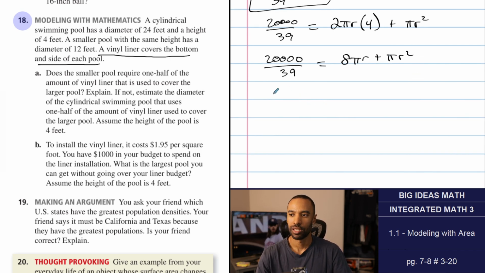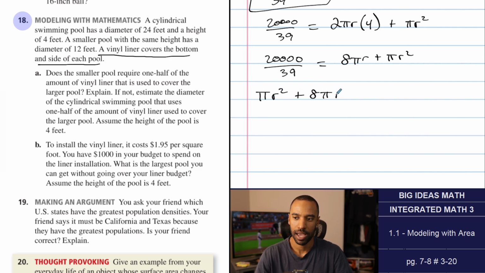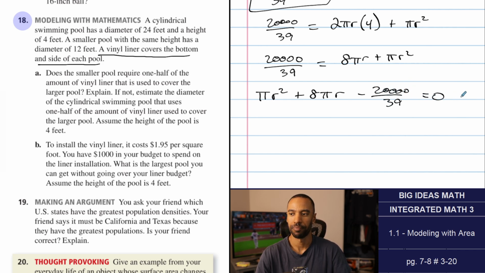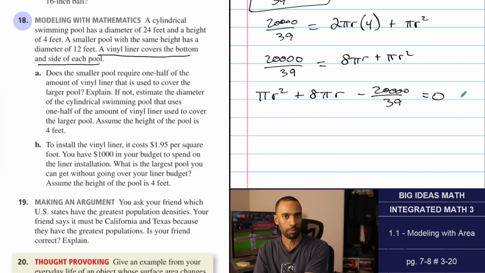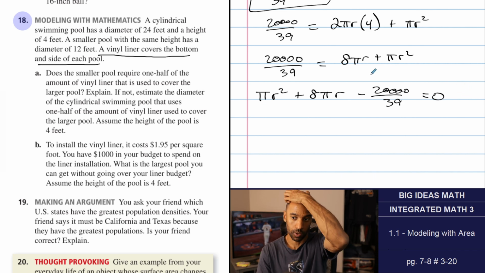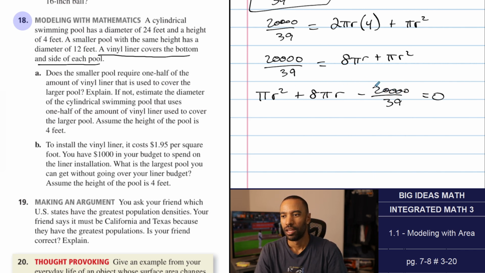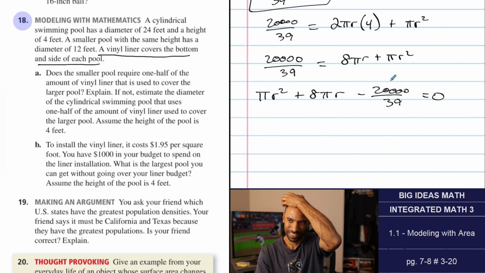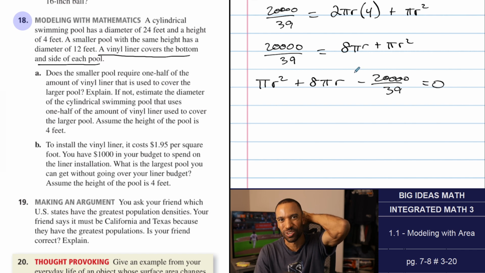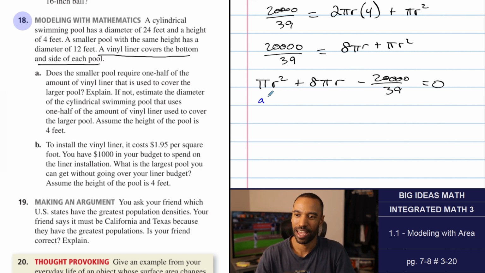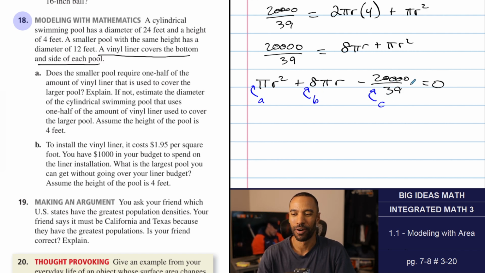Let's rewrite this and set it equal to 0. Pi r squared plus 8 pi r minus 20,000 over 39 equals 0. This is the quadratic we're going to be working off of. I don't think I want to deal with the quadratic formula or completing the square here. Should I? Let's try the quadratic formula. A is pi, B is 8 pi, and C is this number right there.